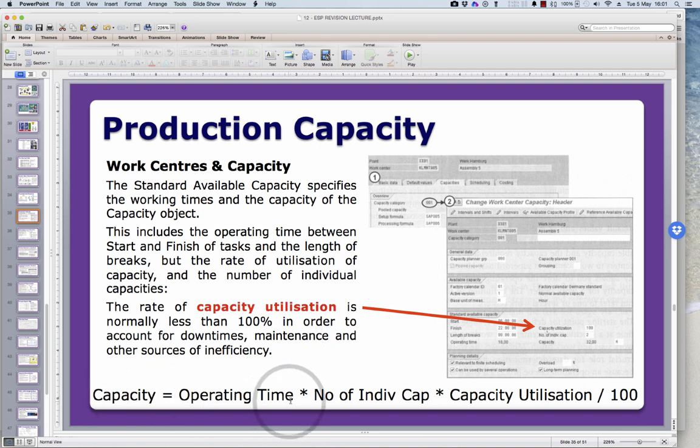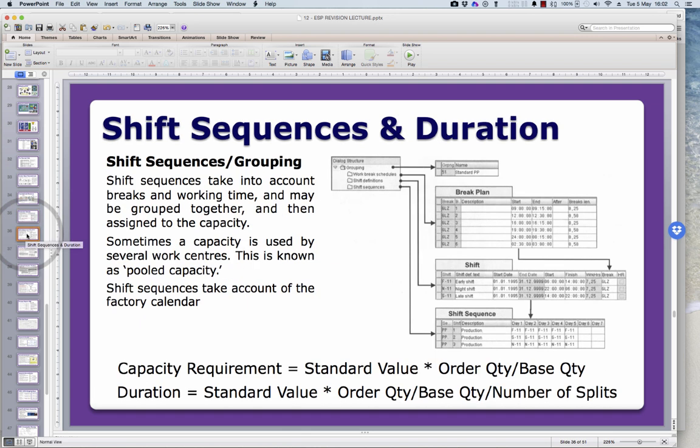Capacity is equal to the operating time within the block of machines, the number of individual machines or individual capacity areas within that area that's being used, and then multiply that by the capacity utilization as a percent. And so that's what you need to think about, what will increase or keep your capacity utilization up to make best use of what you've got. You can have things like shift sequences.